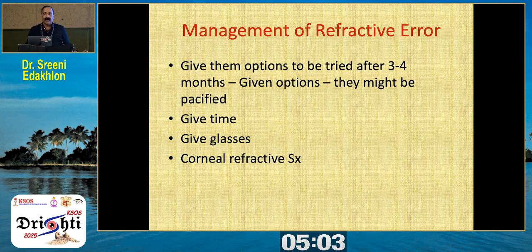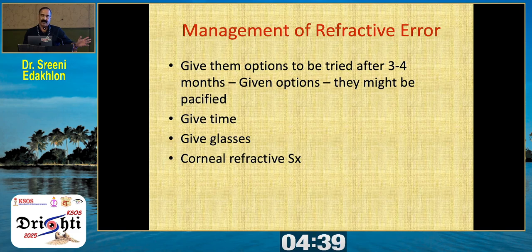So what do you do if the patient has a refractive error? You have a refractive error, and you tell the patient. Don't do any intervention straight away. Give them a timeline. Okay, this is the timeline in which there might be adaptation, you will be better. And in this time, I'm going to do this.